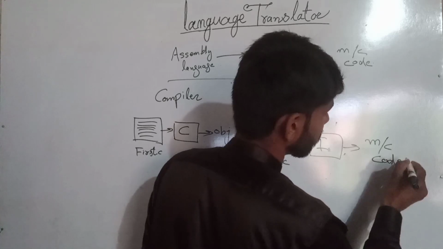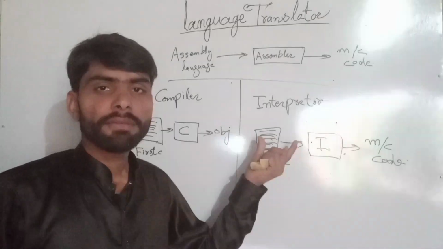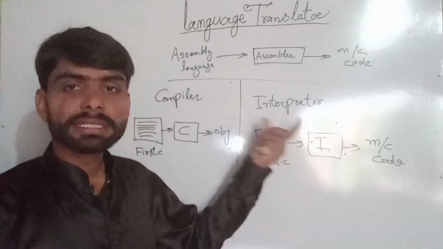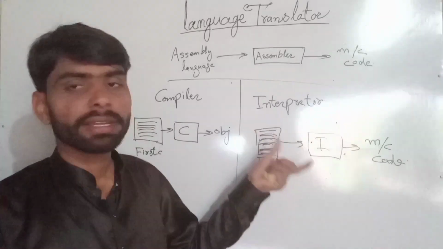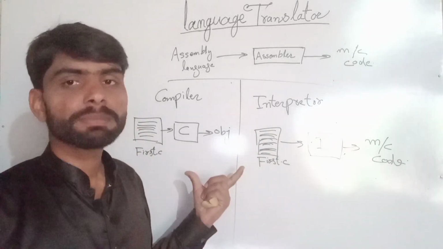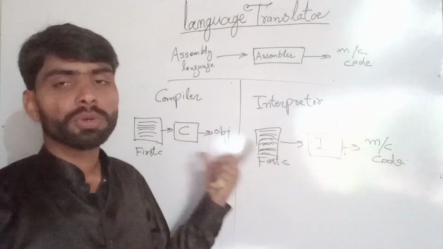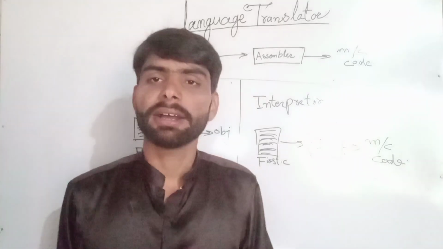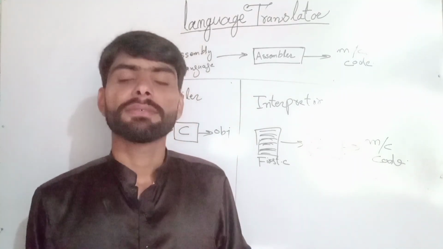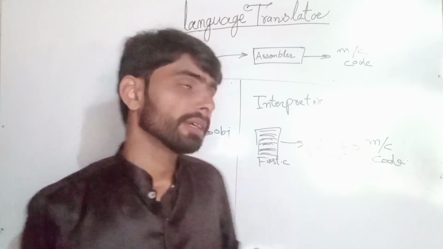In this case the interpreter will take one line and convert it into machine code, and then take the second line and convert it into machine code. So this is the main difference between them, and this is the working process of both. Next we'll talk about the differences, advantages and disadvantages of both.